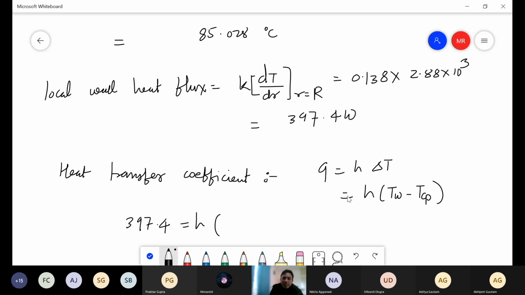Tw we can directly obtain by putting r equals capital R in the earlier equation.